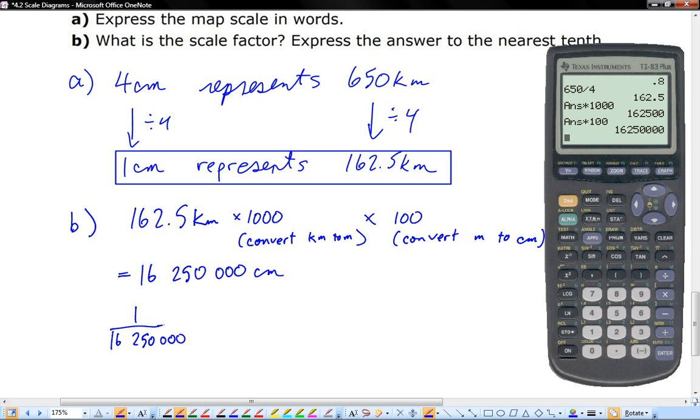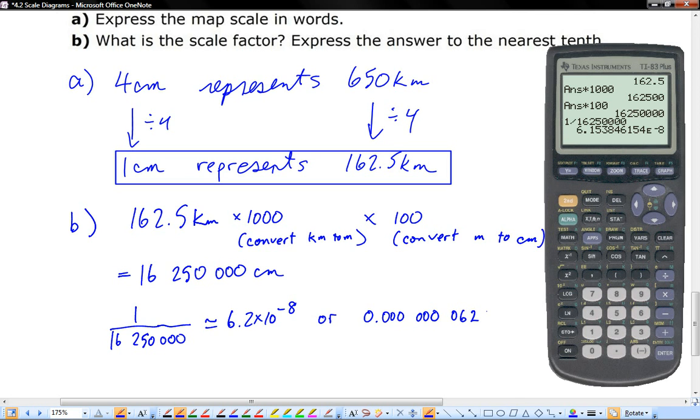So that means that if you're writing this as a scale, you would write 1 over 16,250,000. And if we take 1 and divide by 16,250,000, we get approximately 6.2 times 10 to the negative 8. So this is a very, very small number. Basically, we're talking about 0.000000062.